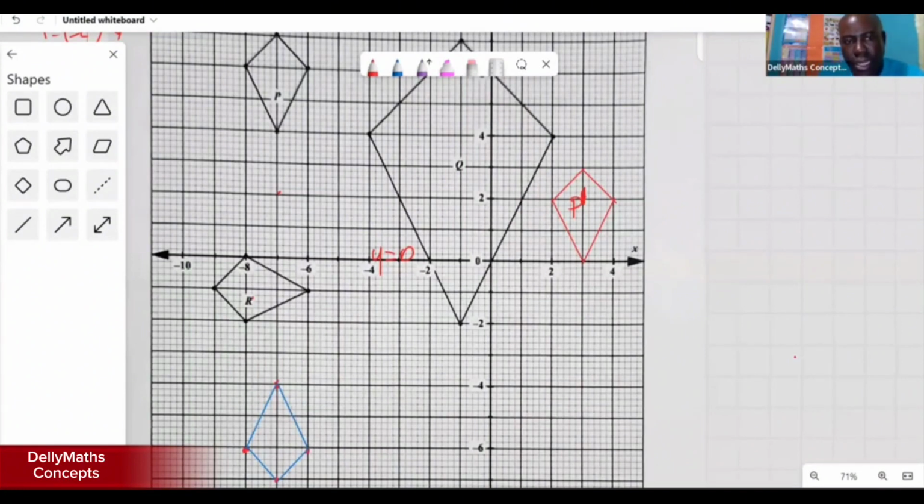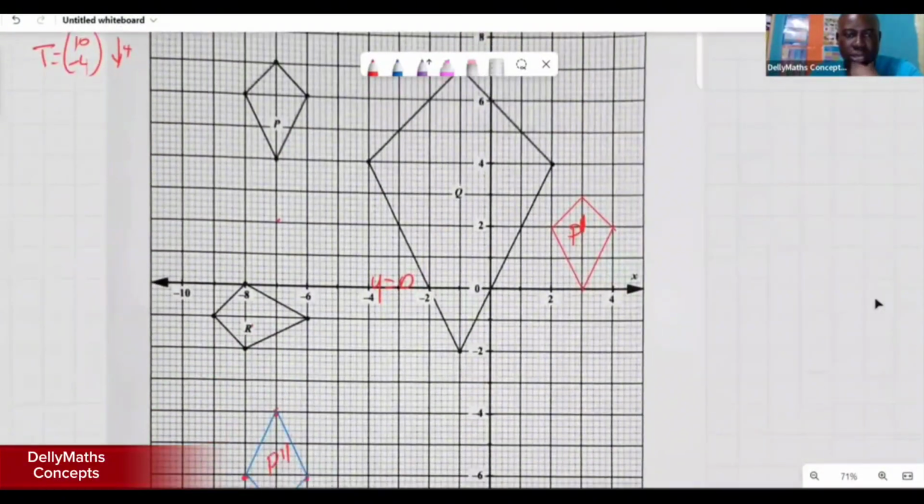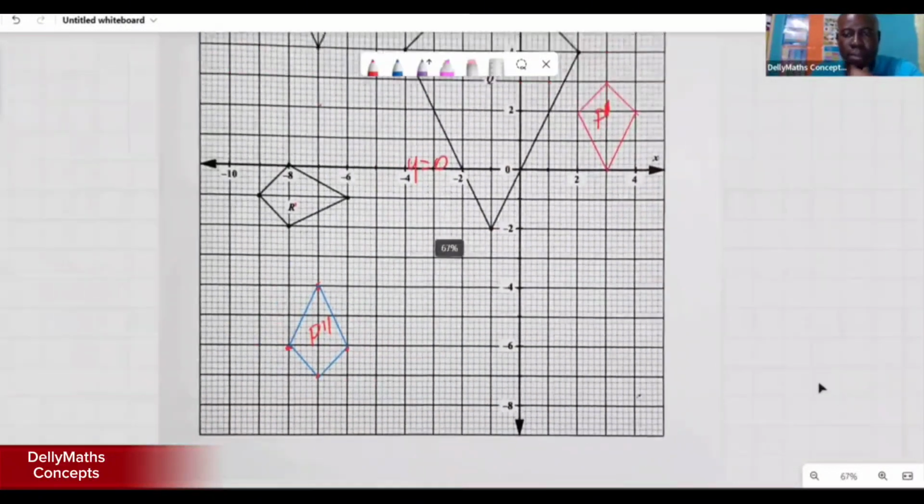All right, so we're going to label this P double prime. All right. So there it is. We would have followed through, exercise that. Let's see what the next question is about, right? Next question.